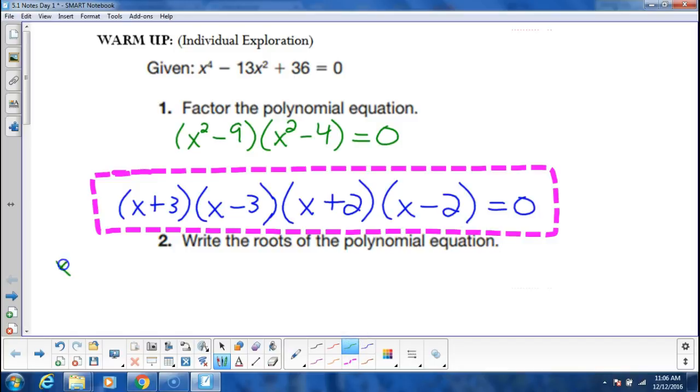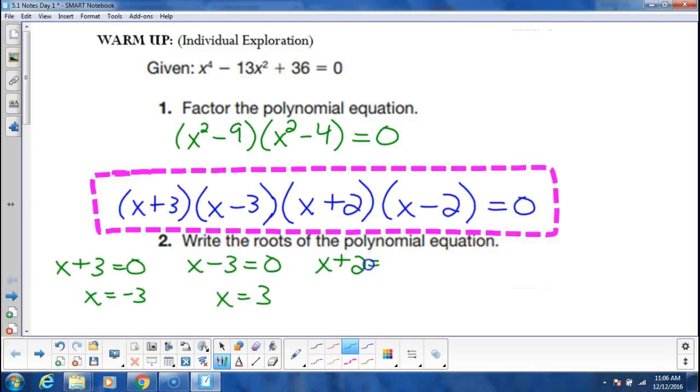So I would go x plus 3 equals 0, so x here would be negative 3. x minus 3 equals 0, so x would be 3. x plus 2 equals 0, so x equals negative 2. x minus 2 equals 0, so x equals 2.